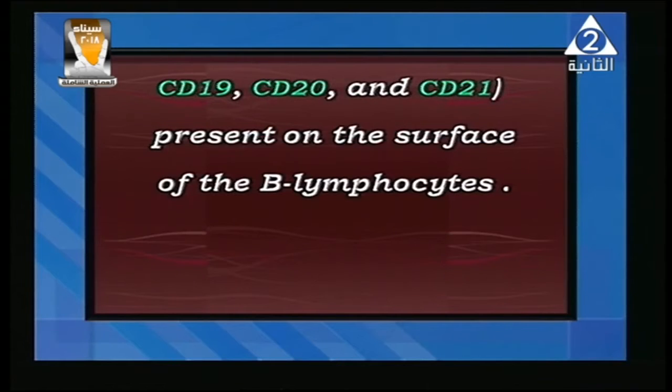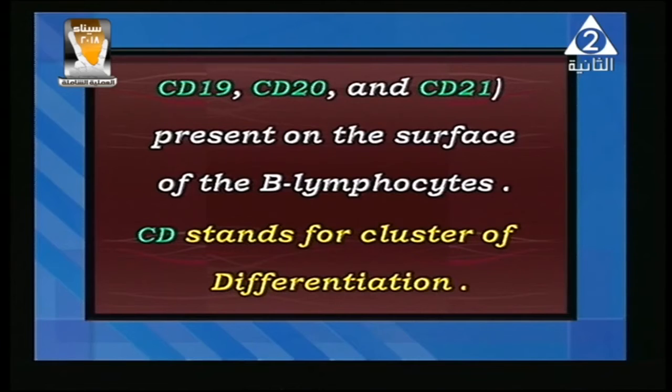And also the CD19 and CD20 or CD21, that they are referred to as what? Those clusters of differentiation, and they also have an important role in helping the B lymphocytes.